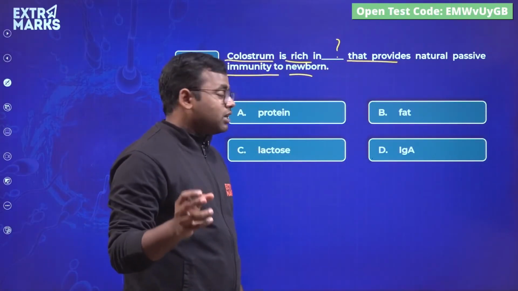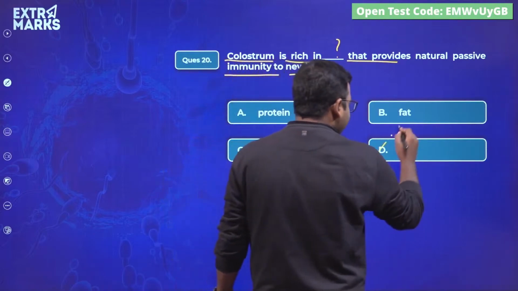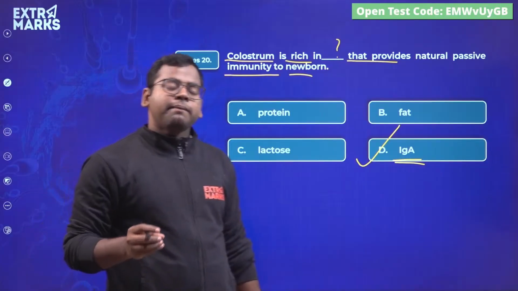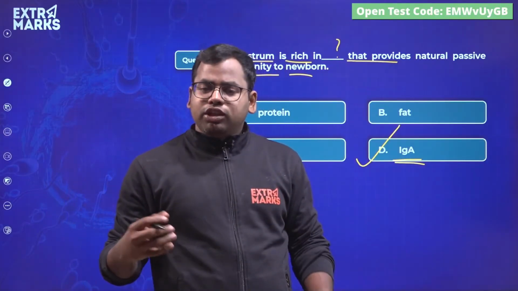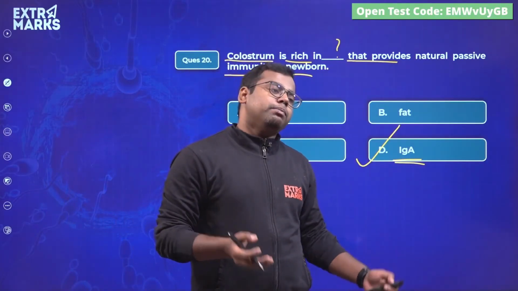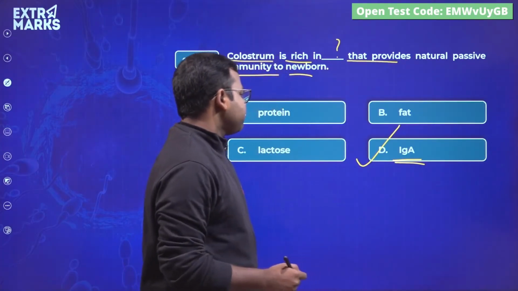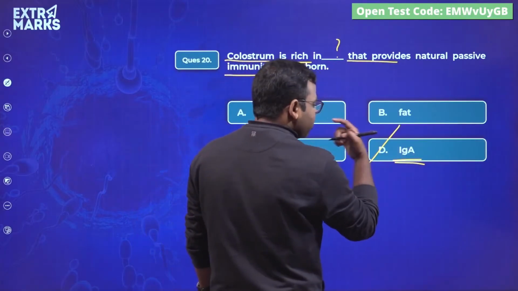The antibody which the colostrum has is IgA, and this provides immunity in the newborn baby. That's the reason it is said that the newly born baby should get the milk of the mother only in the initial days. So here, IgA is the correct answer, immunoglobulin A.